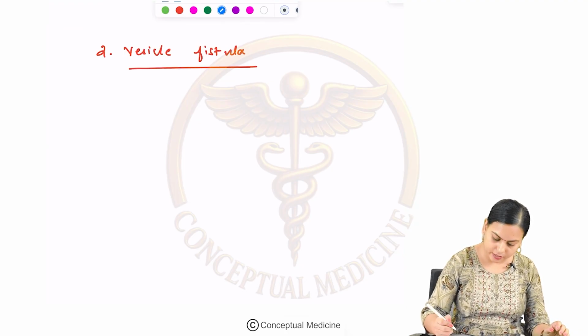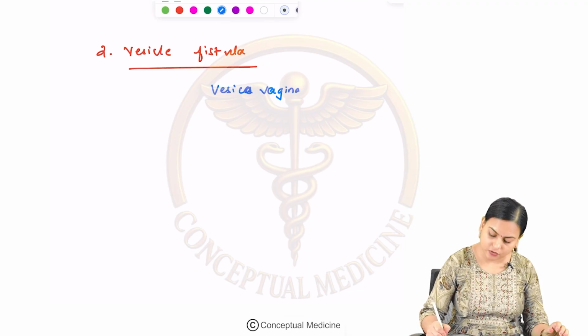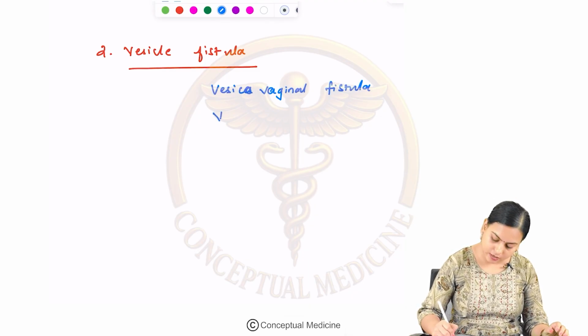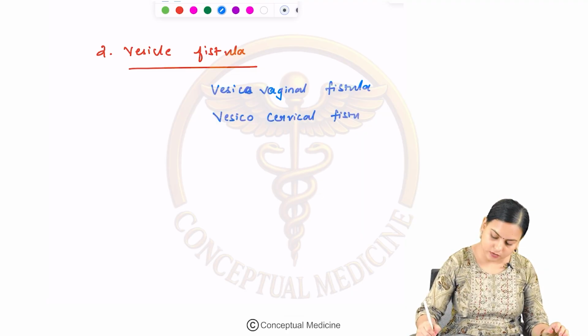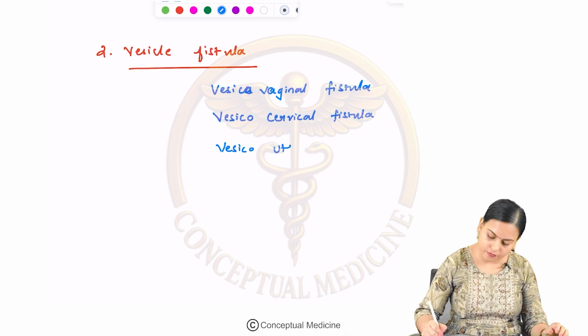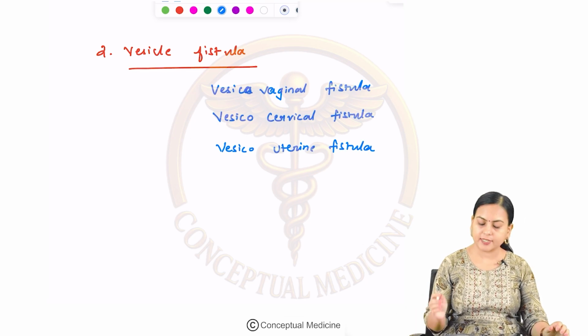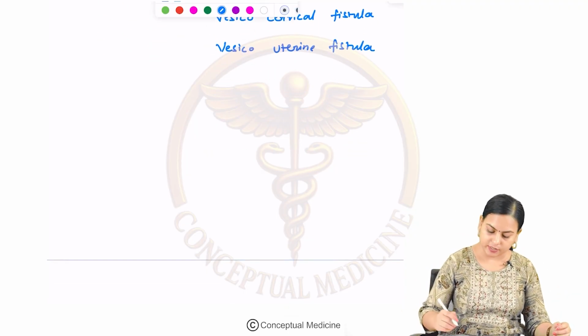where you can have a vesicovaginal fistula or a vesicocervical fistula or a vesicouterine fistula. That is the connection of the bladder with either cervix, vagina or the uterus.